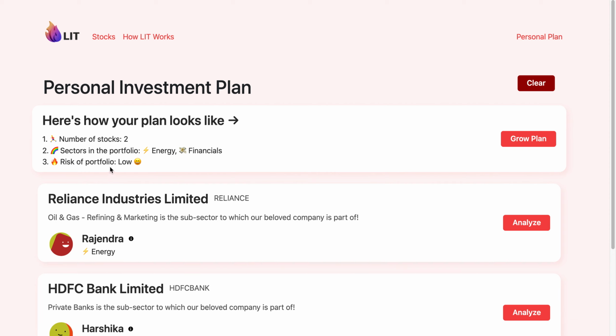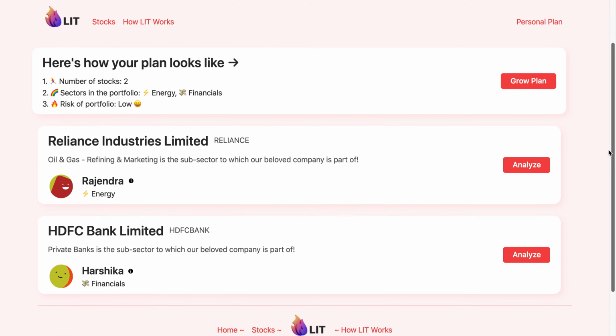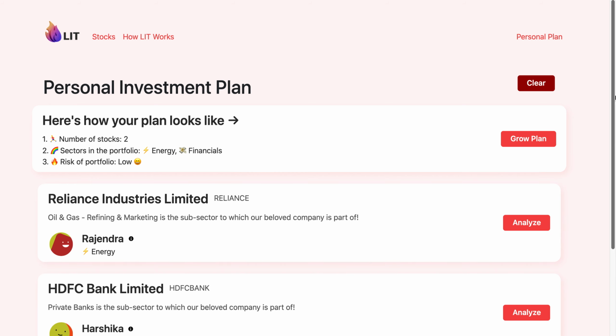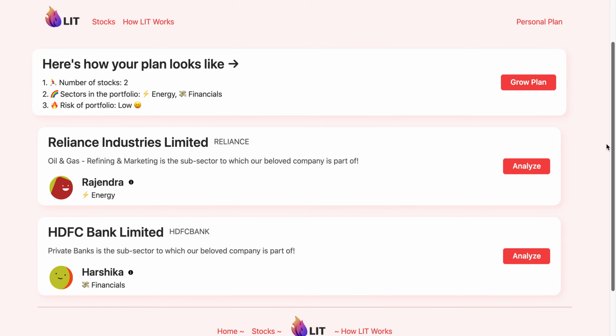Our average portfolio risk is low because the risk to trust both Rajendra and Harshika is low. If I want to go on Ticker Tape or Moneycontrol and buy or sell shares, I can do it for Reliance and HDFC Bank without any financial background required.